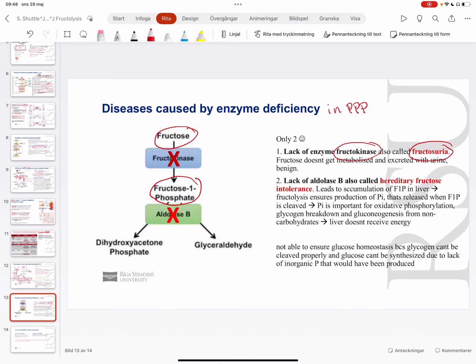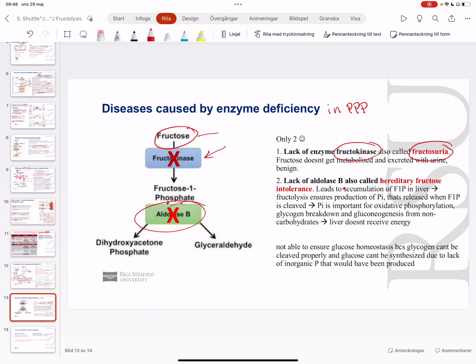But if we lack this enzyme, this will just lead to fructose being excreted with urine. And this disease is benign. The second disease is lack of aldolase B. And a lack of aldolase B is called hereditary fructose intolerance.